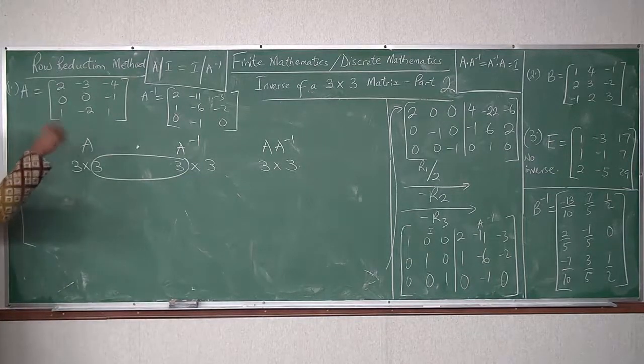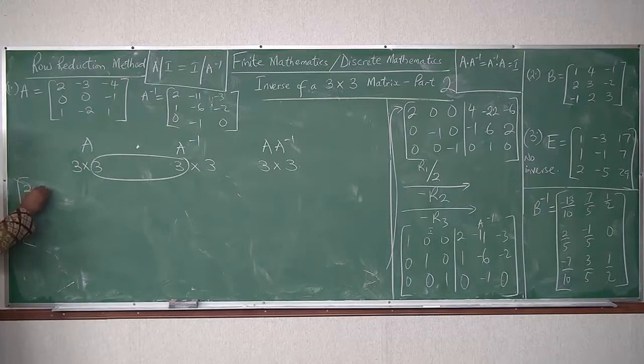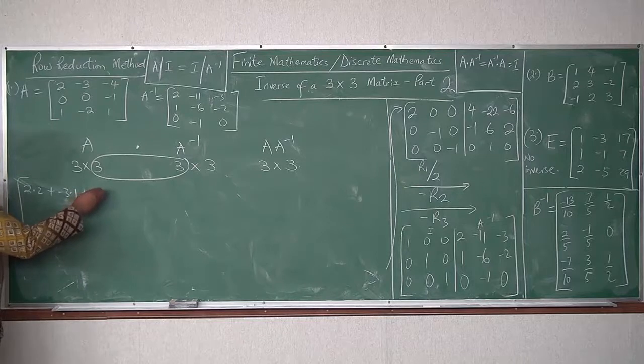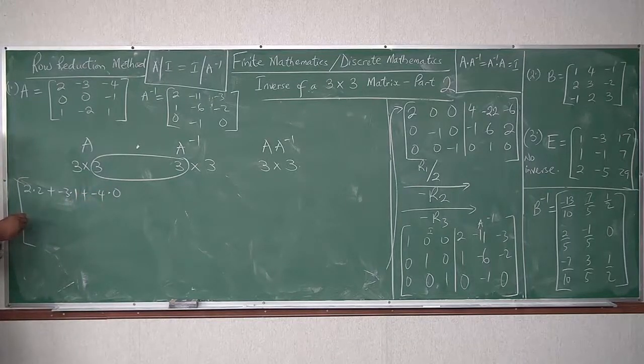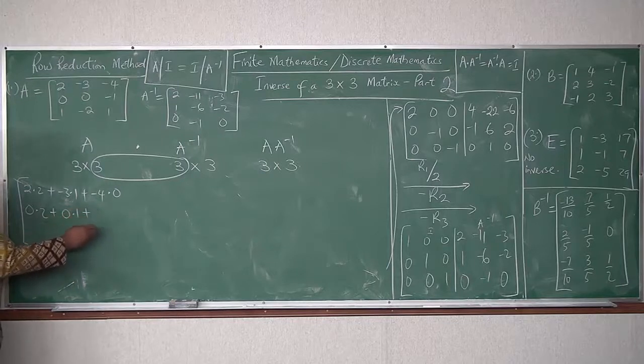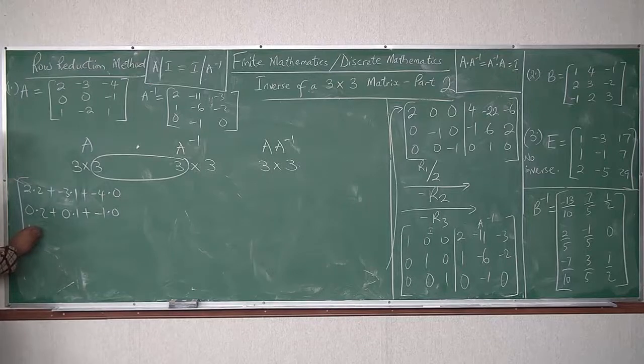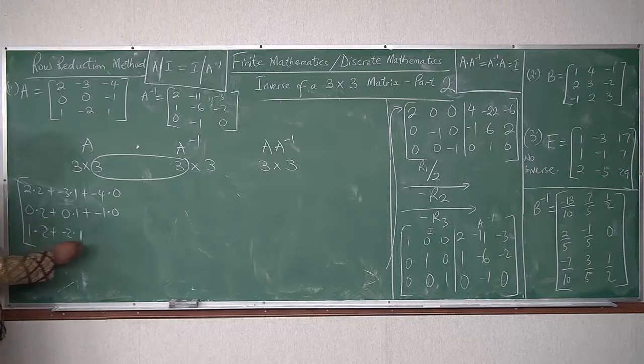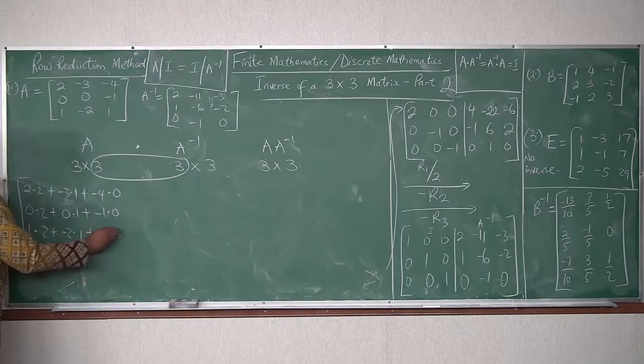This will be row by column. 2 times 2 plus negative 3 times 1 plus negative 4 times 0. 0 times 2 plus 0 times 1 plus negative 1 times 0. 1 times 2 plus negative 2 times 1 plus 1 times 0.